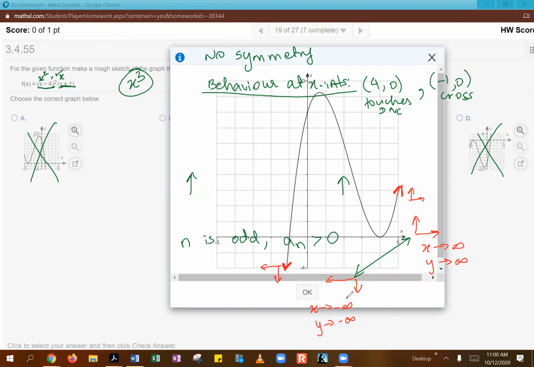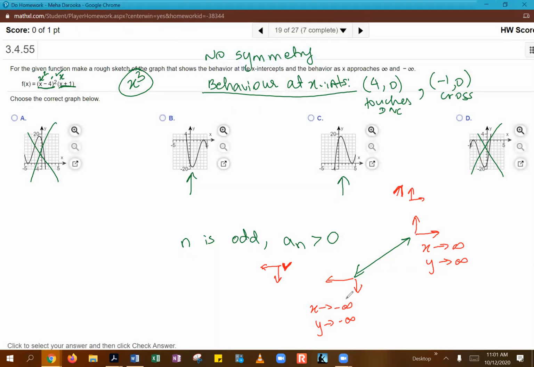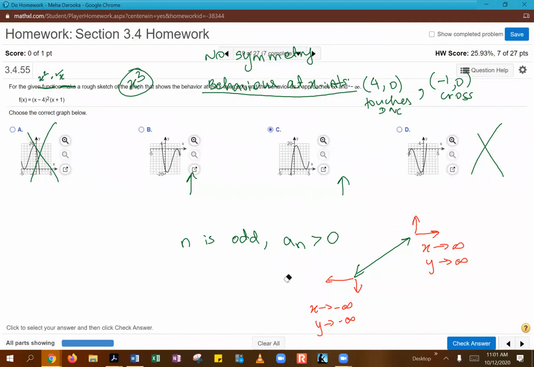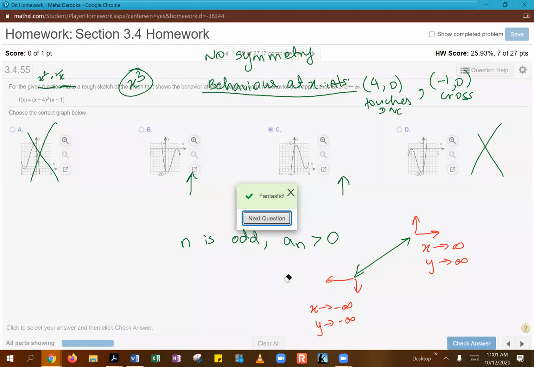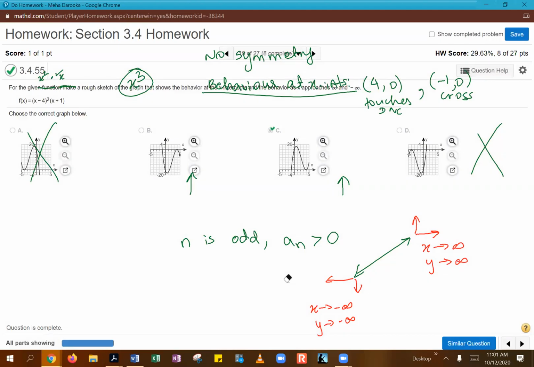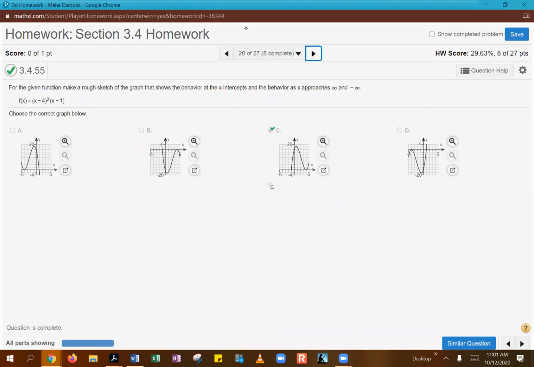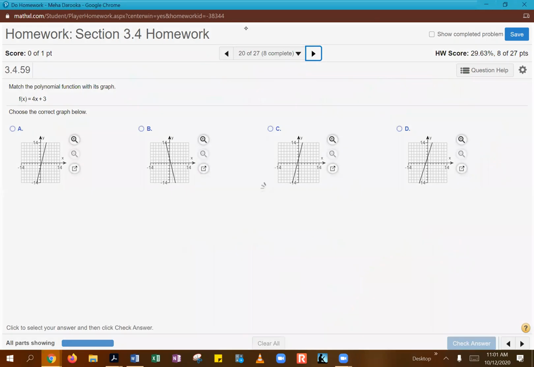So x goes to negative infinity as y goes to negative infinity. So yeah, very nice. It is going to be graph C, which will satisfy our polynomial over here. Okay. So use those techniques to help you out with these examples over here. So you should see a bunch of different examples on that.